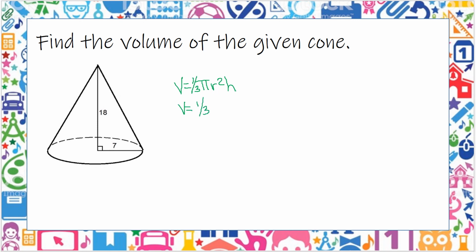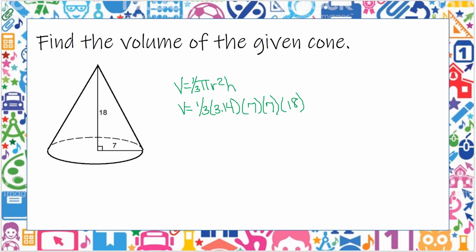So I'm going to rewrite it 1/3 times 3.14 times the radius squared, which means times itself, and then times the height. So I'm going to type this in, 3.14 times 7 times 18.